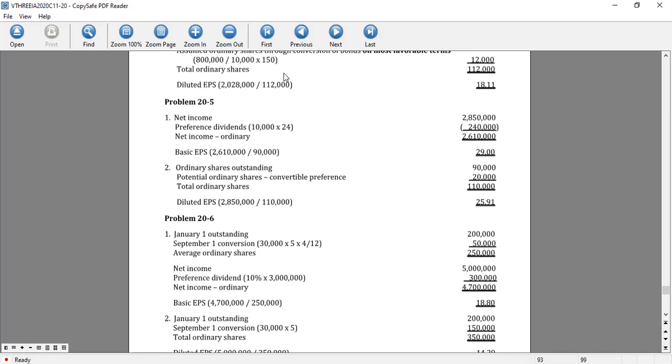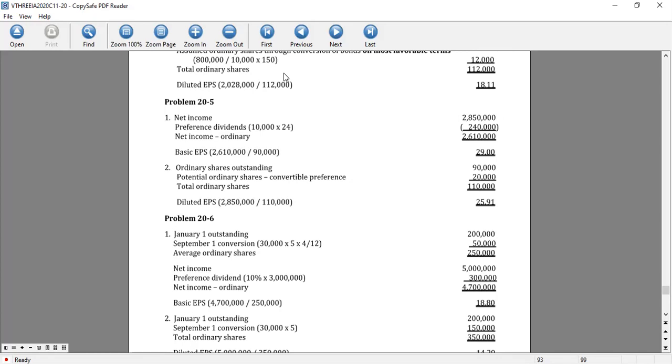Then for net income, it was for 20.6. Net income is 5 million given in 20.6, and we have now your preference dividend at 10%. So 10% of 3 million is 300,000.